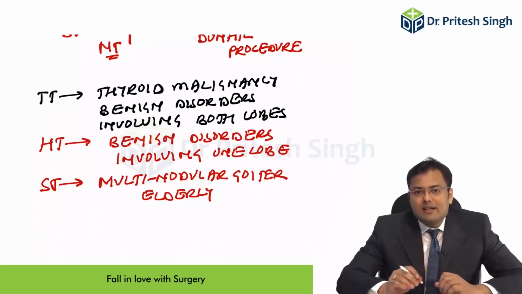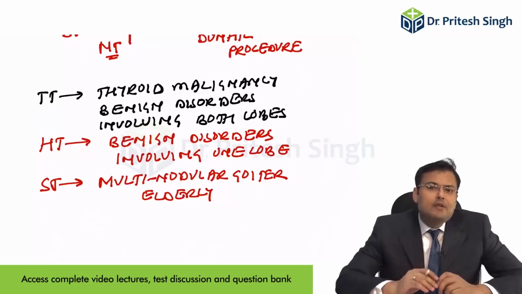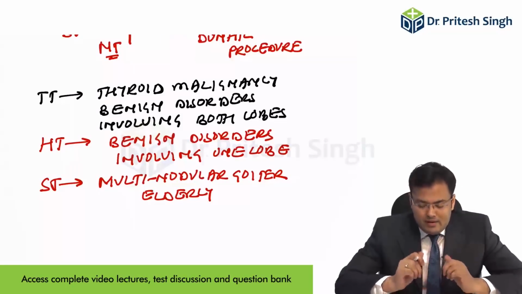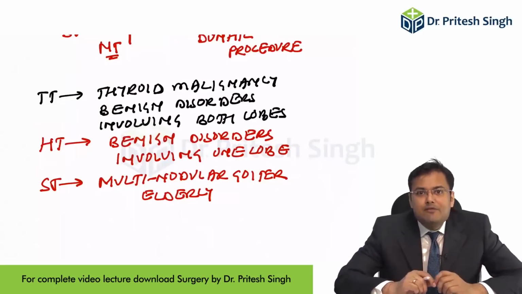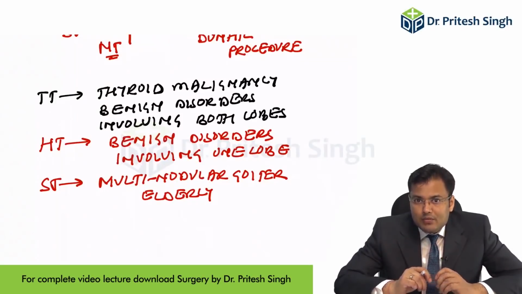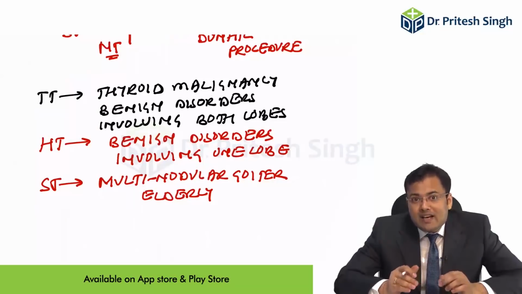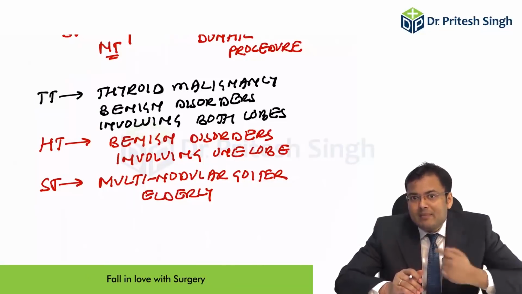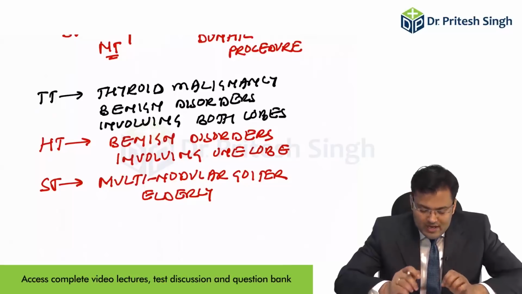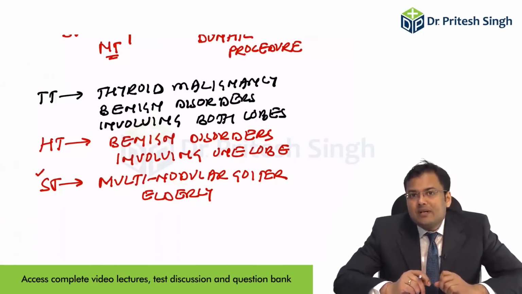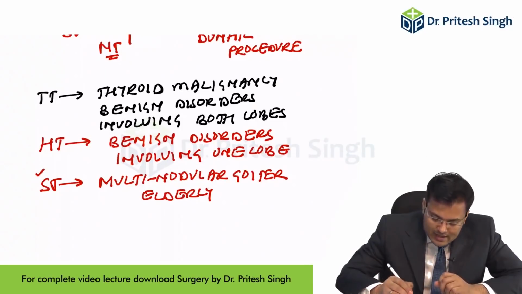So I'm repeating, 50 to 70 years back, surgeons were performing subtotal thyroidectomy for multinodular goiter. But when prolonged follow-up was performed, there was recurrence from the thyroid remnant. That's why the only indication for subtotal thyroidectomy is multinodular goiter in elderly.